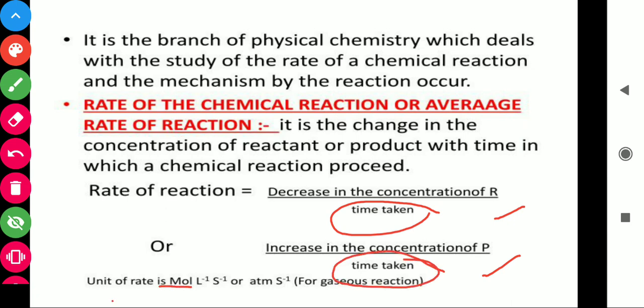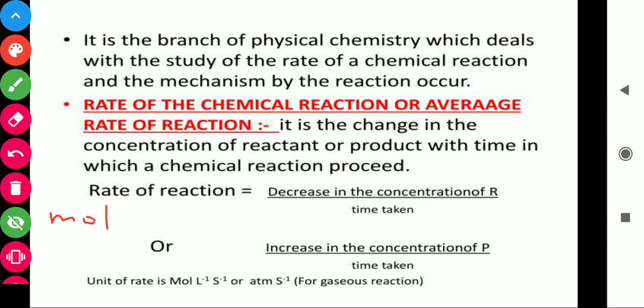Its unit is mole per liter, the unit of concentration in molarity, with time in seconds. Means the unit will be mole liter inverse second inverse. And when all the reactants are gaseous, pressure in atm or bar per second may be taken.